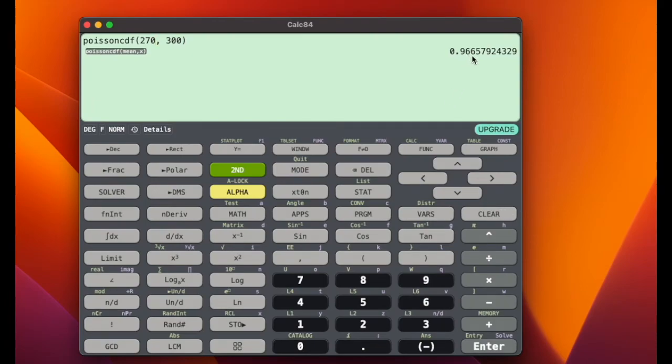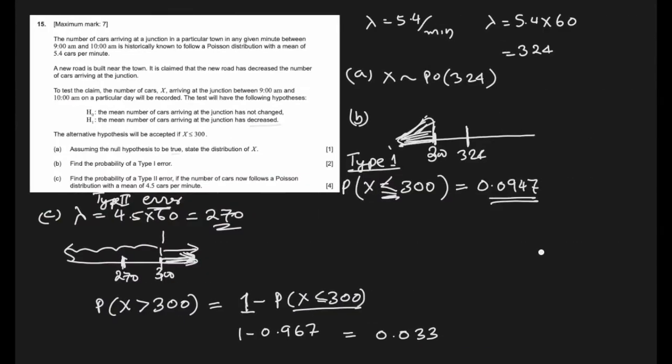So 0.9666, that's what we can do, yeah, 0.9666. Okay, so it will be 0.9666, and now we'll get 0.334. This is the probability of type 2 error.